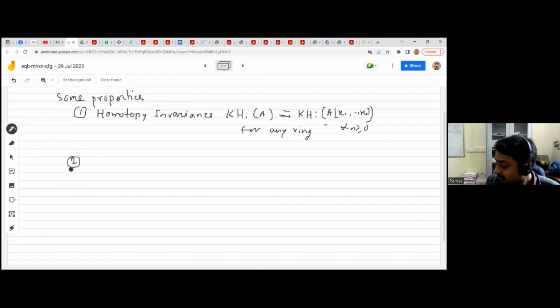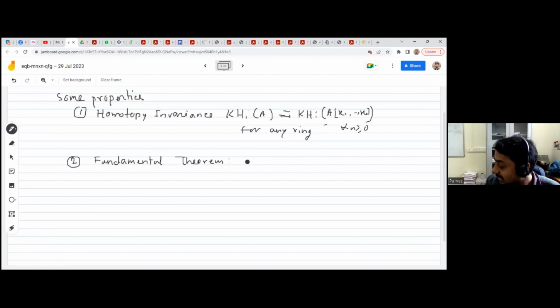Part 2 is a fundamental theorem, the fundamental theorem like for K-theory. So what is the fundamental theorem?